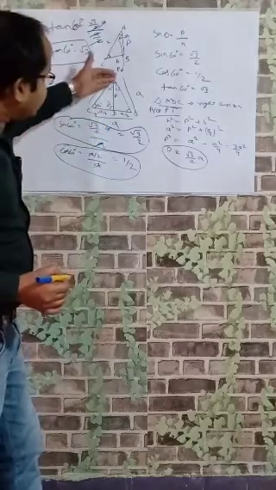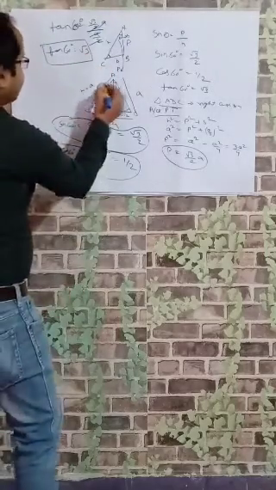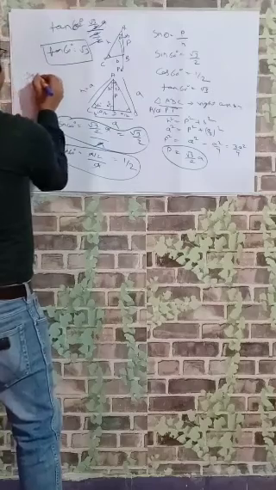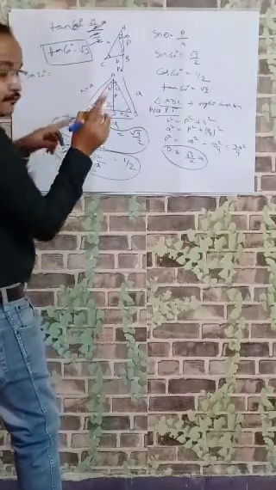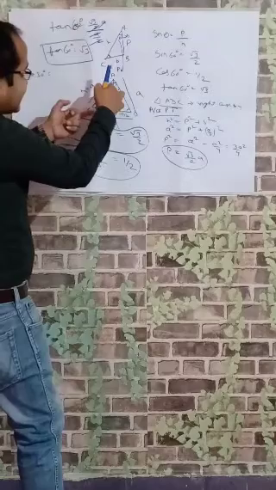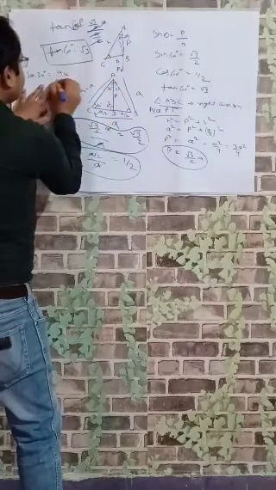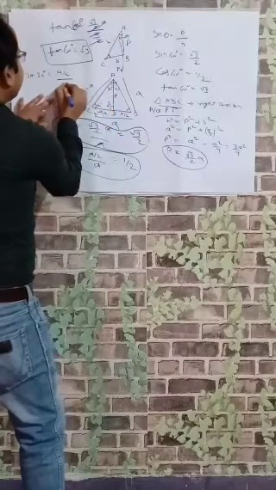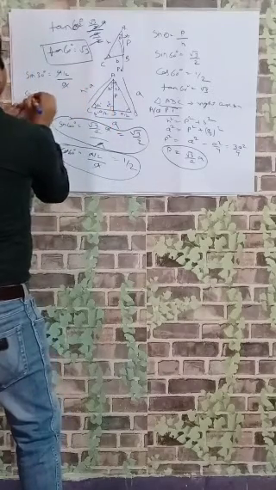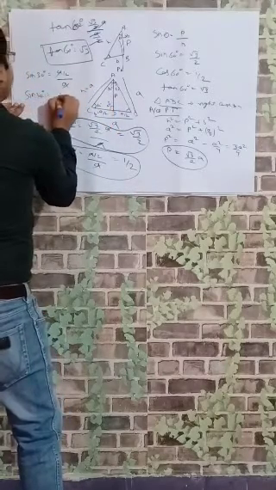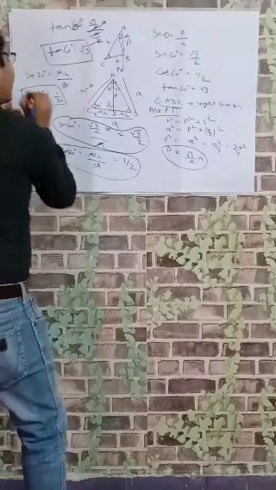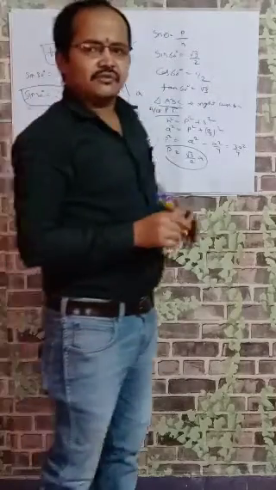Remember it, the opposite side will be the perpendicular. Then sin 30 degrees is perpendicular upon hypotenuse: the perpendicular is A by 2 and the hypotenuse is A, A cancels. So sin 30 is equal to 1 by 2. No need to remember any value.